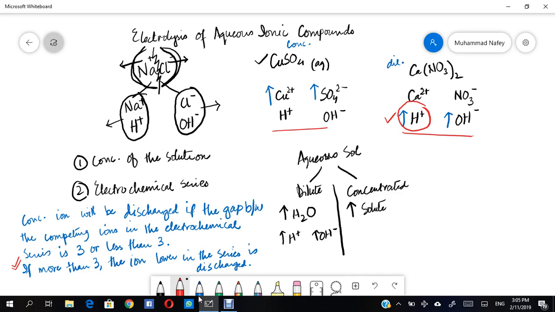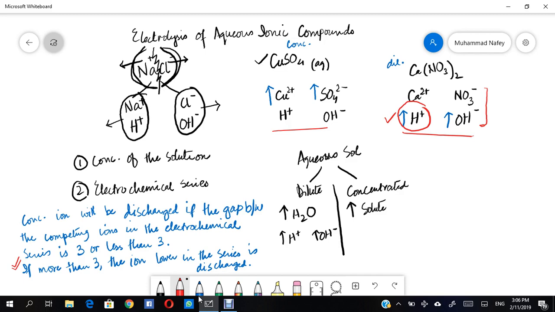Similarly, if we take a look at the anionic part of calcium nitrate, the rule again says that the concentrated ion will be discharged if the gap between the competing ions is 3 or less than 3. And exactly the same thing happens here: the gap between nitrate and hydroxide in the electrochemical series for anions. Remember the mnemonic that I told you in the last class: Faisal Sabzwari never cooks biryani in oil.